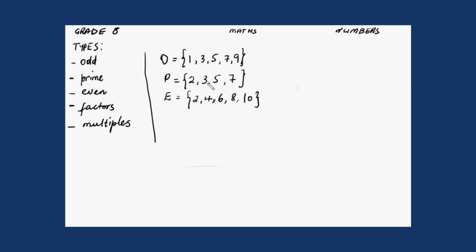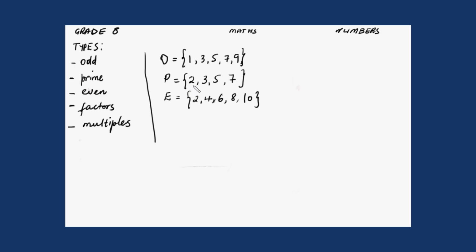Let's quickly describe what an odd number is. An odd number is a number that will leave 1 when you divide it by 2. You always leave the remainder. A prime number is a number that is divisible by 1 and itself only.